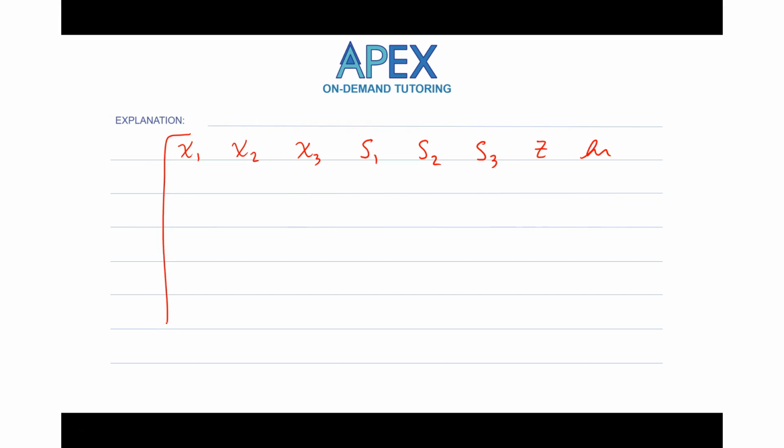We'll start with our initial knowledge that the total number of hours must be less than or equal to 26. We'll put a 1 here for our first slack variable, because x1 plus x2 plus x3 don't have to add up to 26. These other variables will be 0.